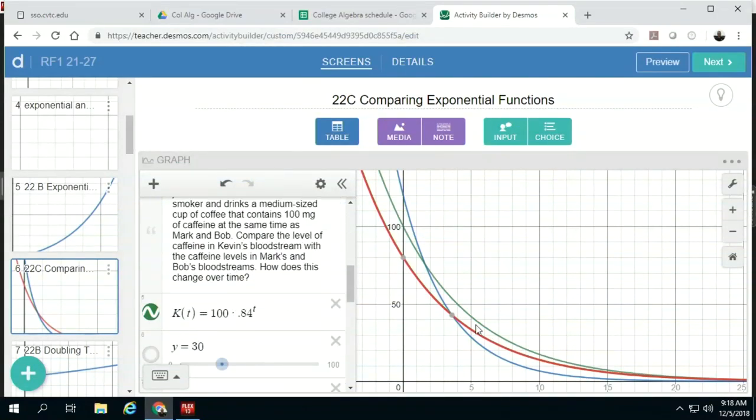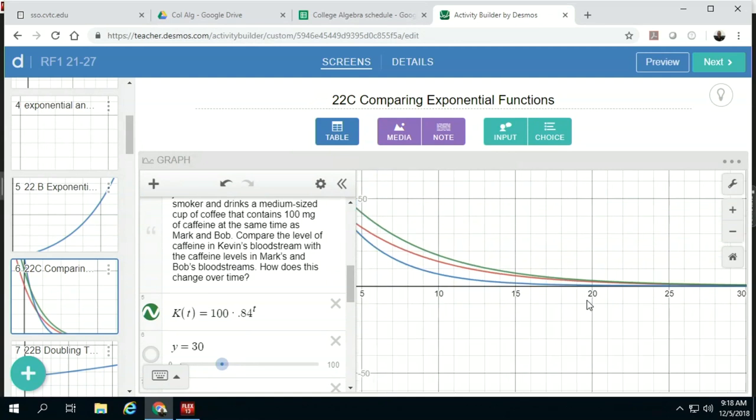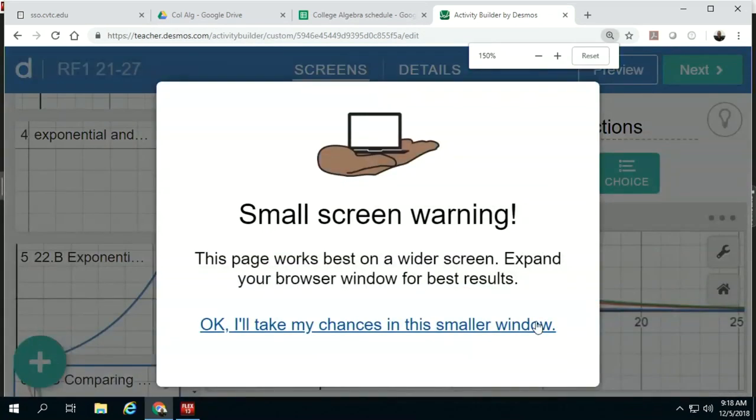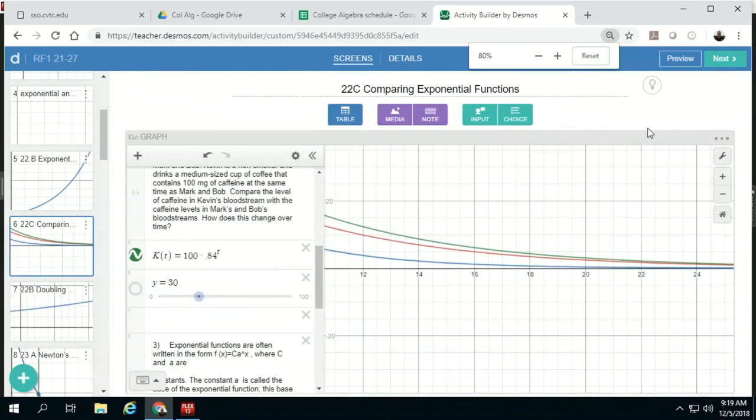So if we put that onto our graph, K of T, notice everywhere along the way, K is going to be higher than B. I'm going to go out here a ways and zoom in, just so that we can see.